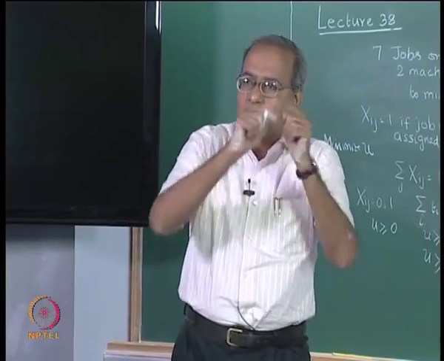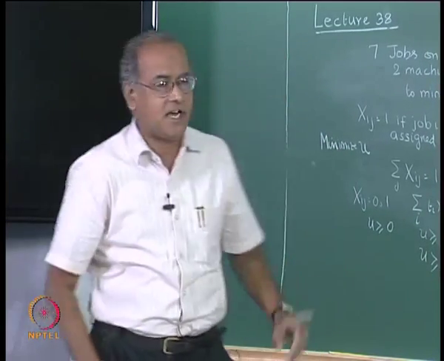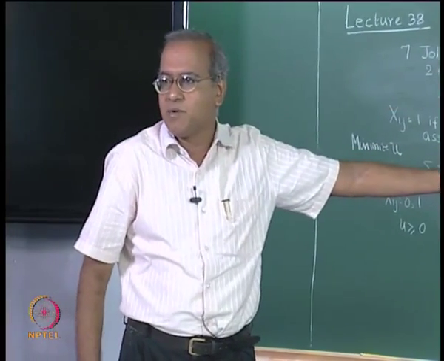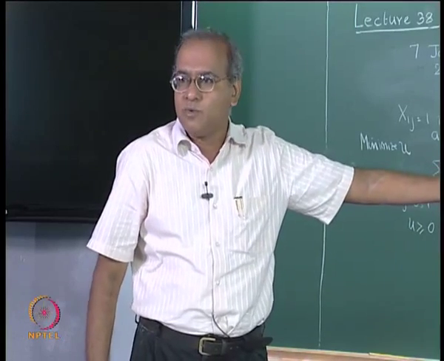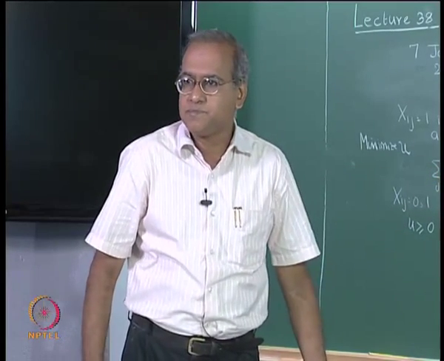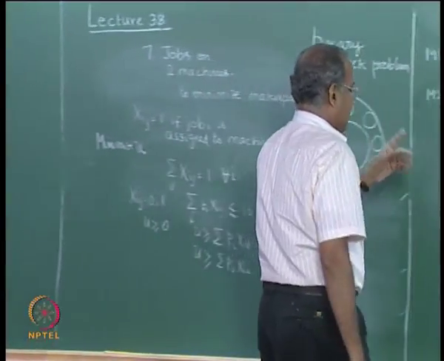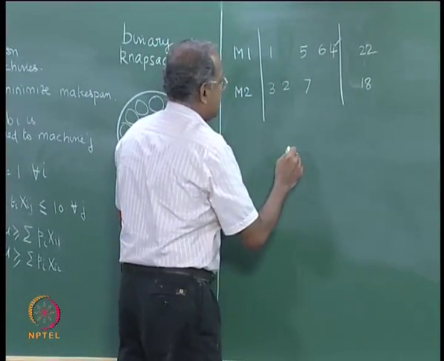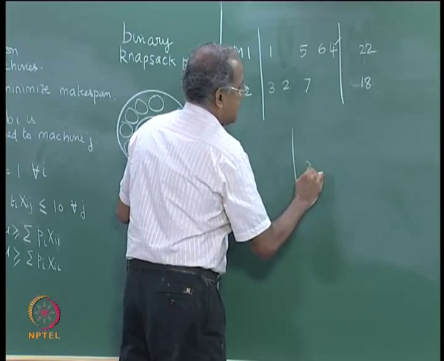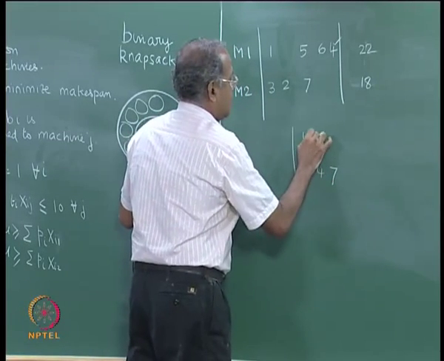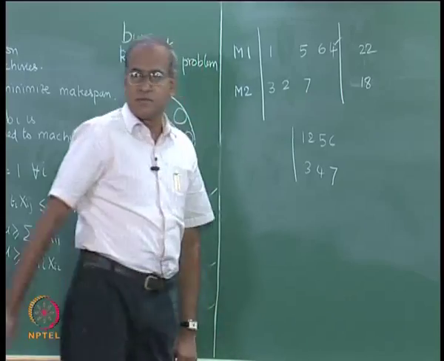So that also becomes a binary knapsack problem, which we actually solved in the part selection problem. For example, we started with 3, 4, 7 and 1, 2, 5, 6.